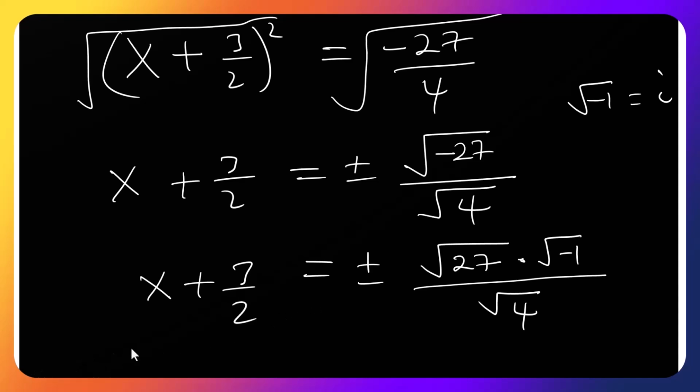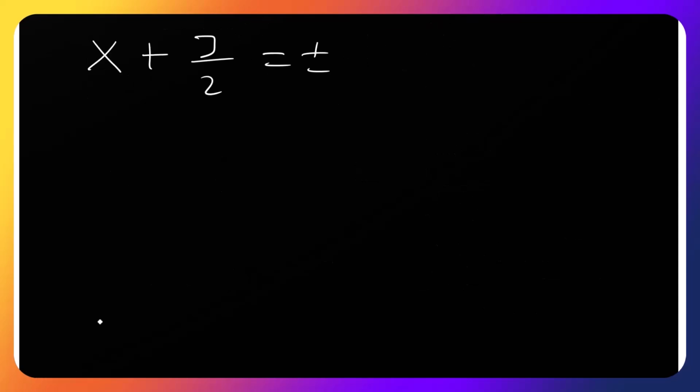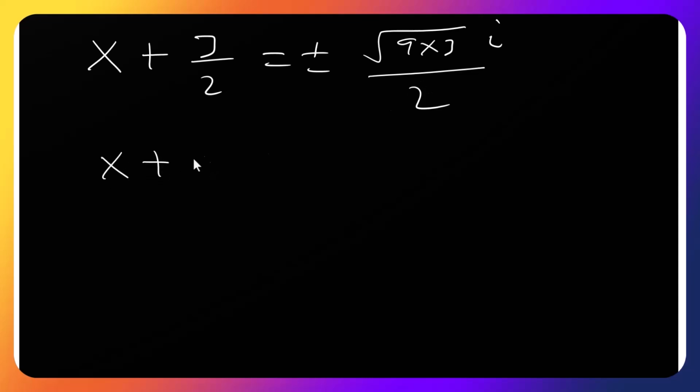So from here, x plus 3 on 2 equals plus or minus, so 27 is the same as 9 times 3. So we have i on the square root of 4, that's 2. So let's go again.